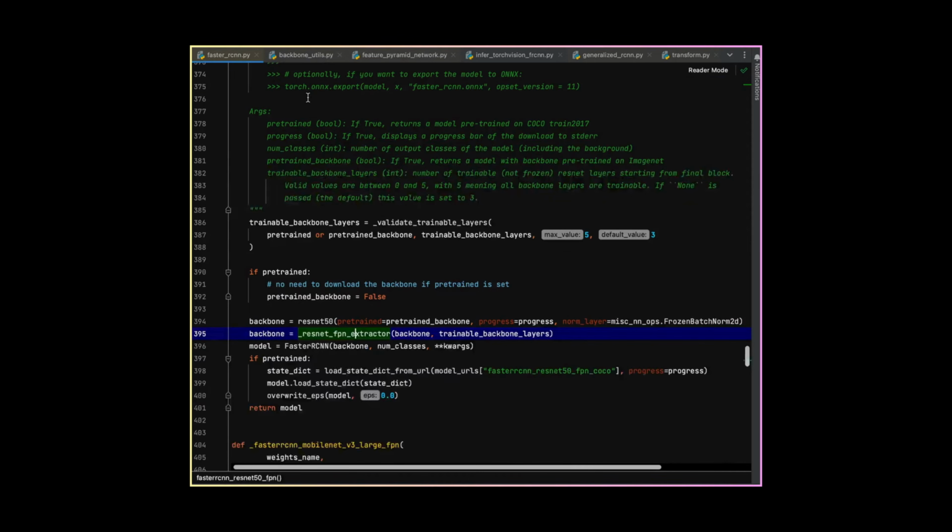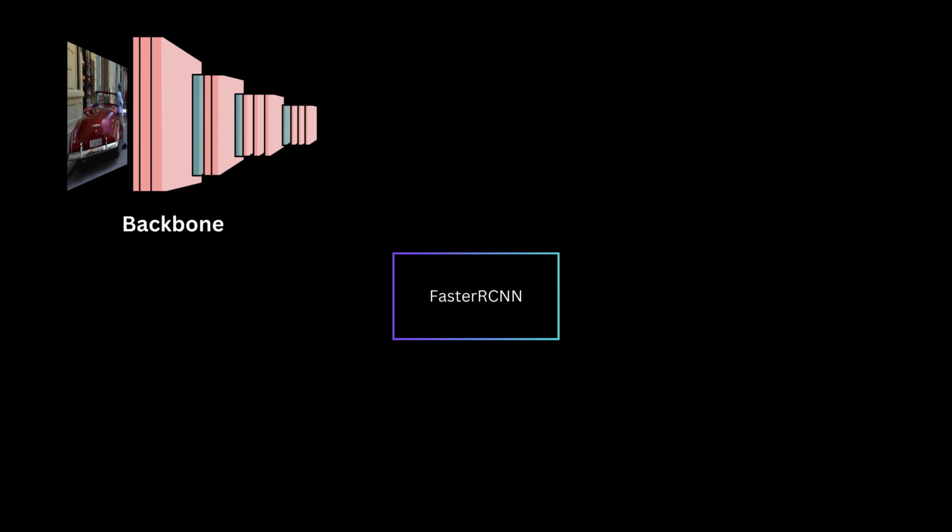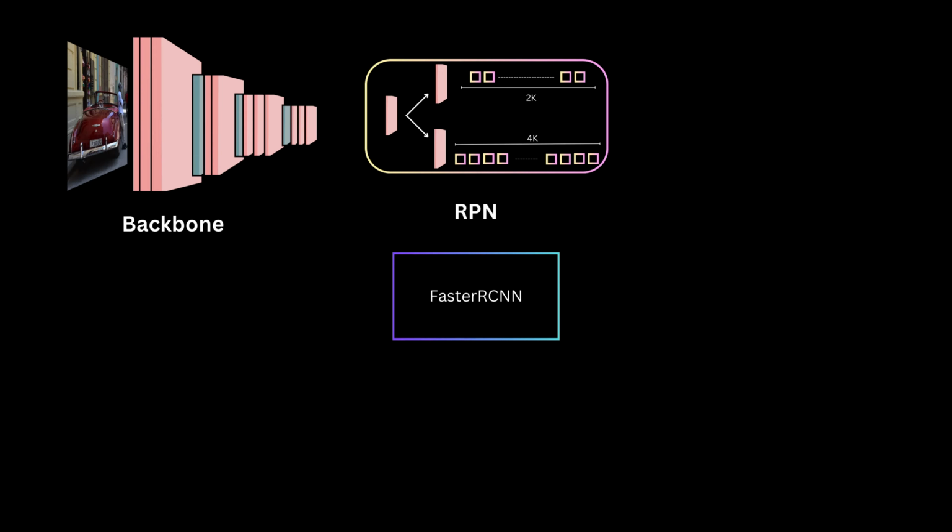Once we have set up a backbone that returns this feature map dictionary, the main model that is called is this Faster RCNN model class. So this is from where we'll actually be going into each and every method in detail. This Faster RCNN model class has three main components: backbone, RPN, and ROI head.